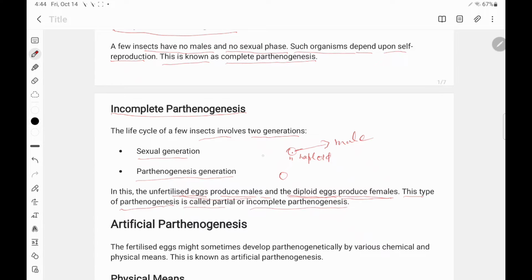Another egg, 2n, diploid, develops into a female. I think it is clear.